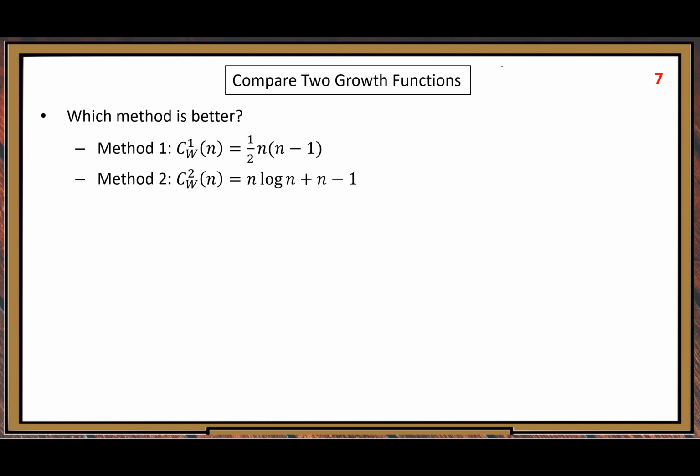The dominant term is n log n, so the growth function is also n log n. The growth function of the first method is n squared, and of the second method is n log n. So now we only need to compare n squared with n log n.